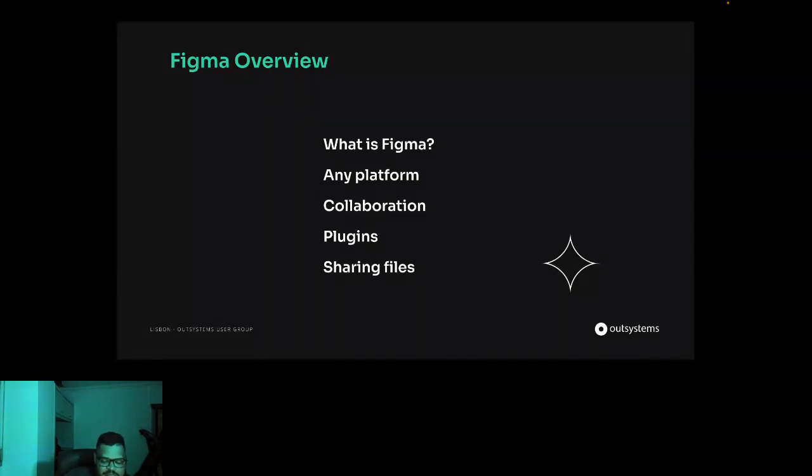For example, if I need to specify the type scale of some specific typography, I can use a plugin that extends the possibilities of the platform, to be more creative, you know.